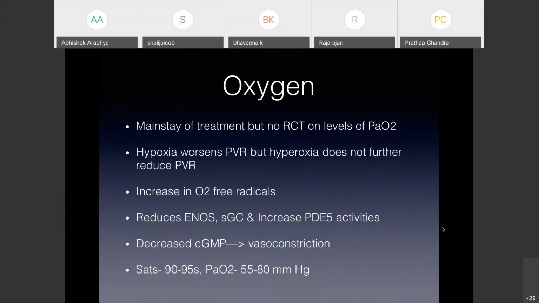It can decrease your cyclic GMP. It can worsen your function of the eNOS and PDE5 activities. All of this further can result in vasoconstriction. Therefore, aim to keep your saturations around 90 to 95%. Also, aim to keep your PaO2s between 55 to 80, and you start weaning down, right?